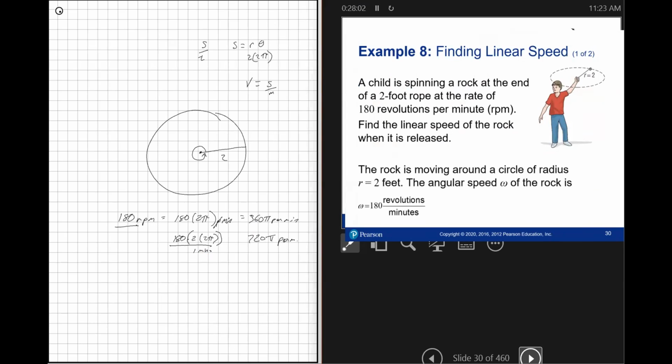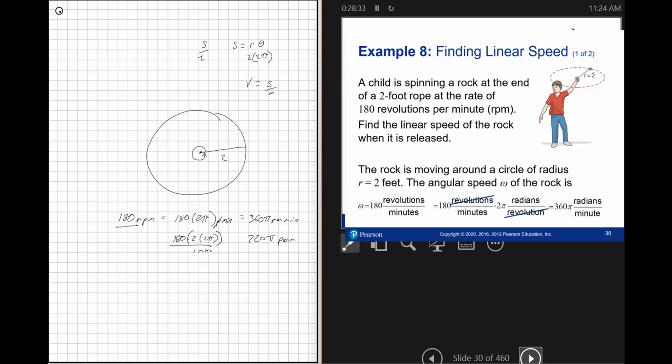Okay. Well, they get omega is how many revolutions per minute. And so 180 revolutions per minute. One revolution is 2 pi. So 2 pi radians per one revolution gives us 360 pi radians per minute.